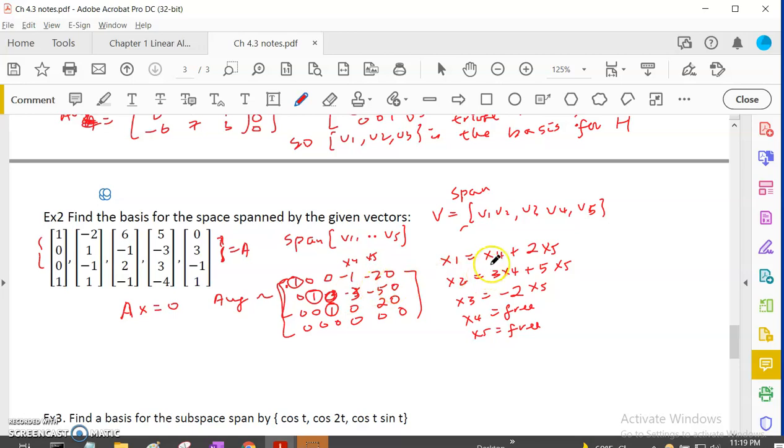You can also further analyze the fact that for x4 and x5, if you give them a number, they can always be a linear combination of x1, x2, and x3, because these all depend on what x4 has. So whenever you choose an x4, you would have x1, x2, and x3, which correspond to v1, v2, v3.